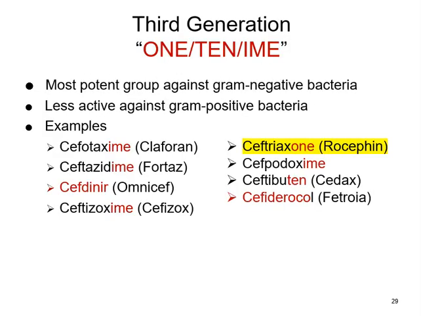The third generation, these are the strongest, right? So most potent against our gram-negative bacteria, not as active against the gram-positive. So gram-negative would be a lot of the bacterial invaders that we have.